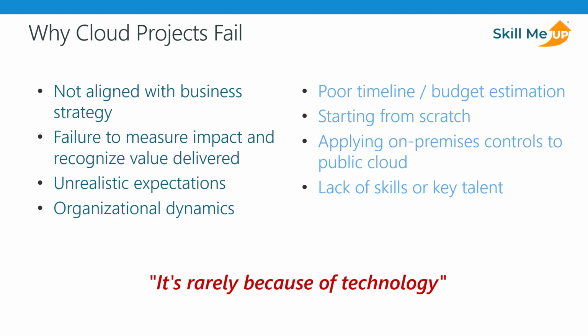Applying on-premises controls to the public cloud is another thing that might not work. You might come into licensing issues. Those on-premises controls aren't built necessarily for the cloud and aren't optimized for the cloud. You look for utilizing cloud native tools and adapting those on-premises controls into those cloud native controls.